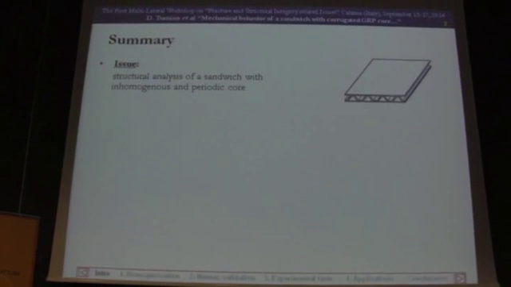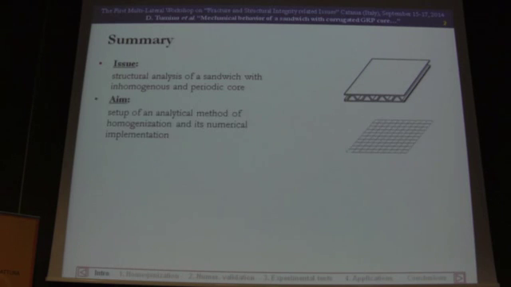So the issue is the structural analysis of a sandwich with a non-homogeneous core made with a periodic laminated core. And the aim is to set up the analytical method of homogenization and its following numerical implementation in a FE code.